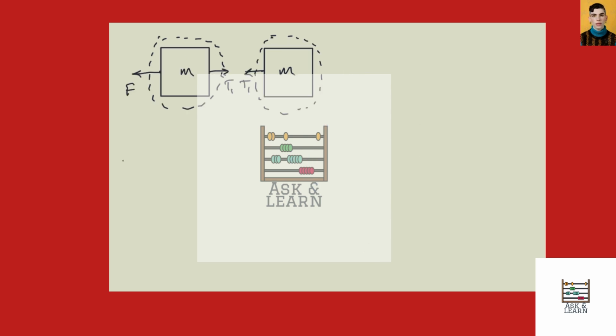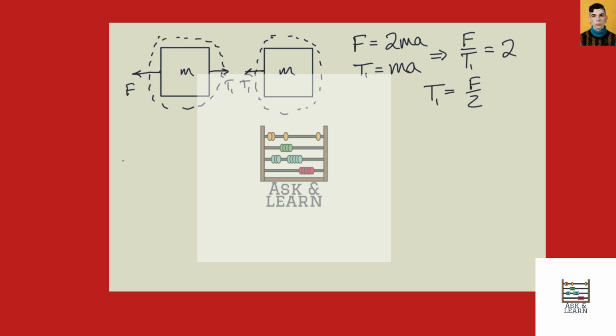If we look at the case where we split up the boxes, in the second case where we have two of them, we have a tension in between those boxes. So we cut the cable and we expose the force in that tension. So then we need to write Newton's laws for each box. We know that from the first case the total force F equals 2 times the mass times the acceleration of the two boxes.